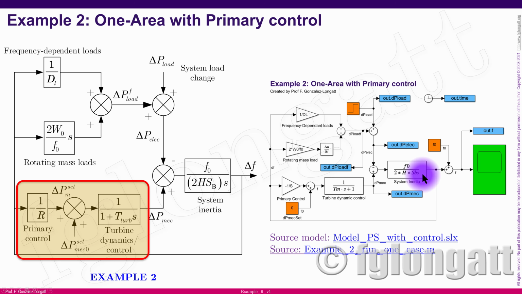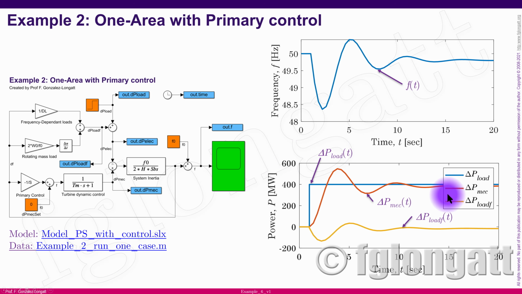We use the classical Simulink models. To be honest, there are two files in the GitHub. One of them is dedicated to the basic block diagram, and the second one has all the details about the parameters used here, okay? One of the things that you must remember from that example is that when we run a load increase, the frequency decreases and there are some oscillations, okay?